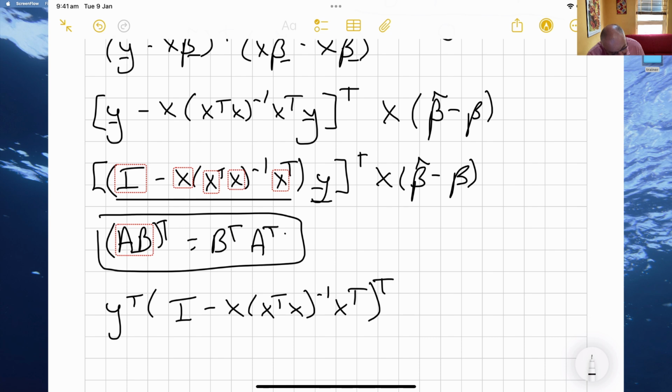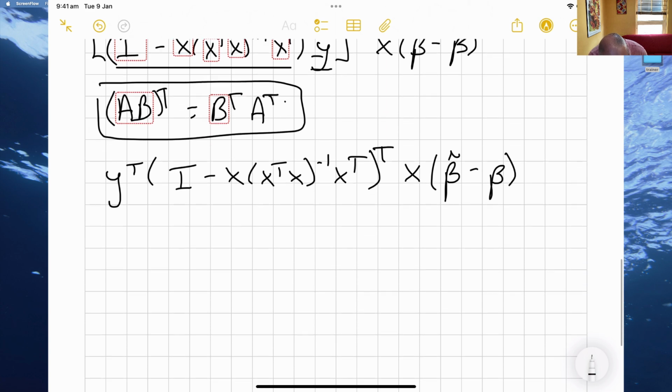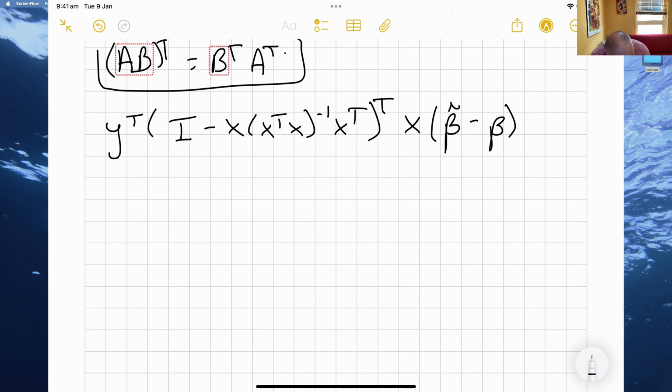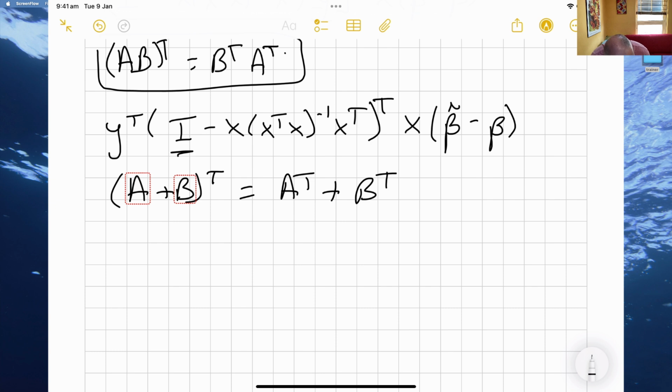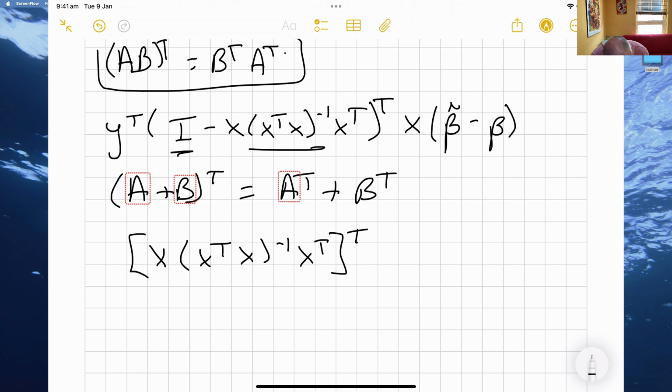That's a nice straight line. That's not normally like me. And then we've got X(β̂ − β). Okay, so next, (A + B)ᵀ is Aᵀ + Bᵀ. So I can transpose this and I can transpose this. But this is complicated. I've got Xᵀ(XᵀX)⁻¹Xᵀ. Well, let's think about this.